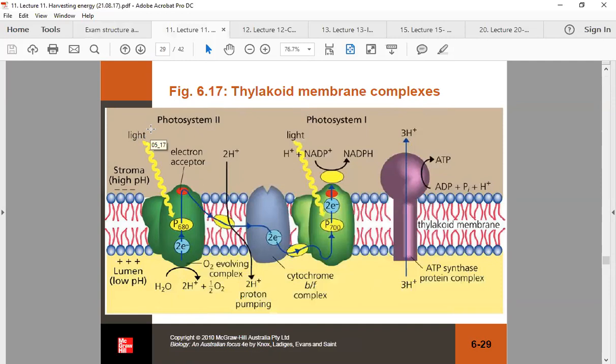Tell me what else you can see in terms of inputs or outputs. Water, yes. So here we go. Water is an essential input, and we've got NADP+, yes. Here we go, that's an input.